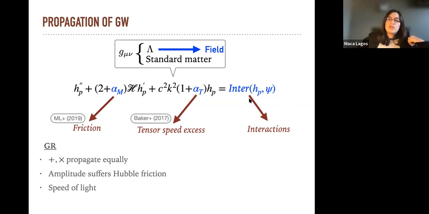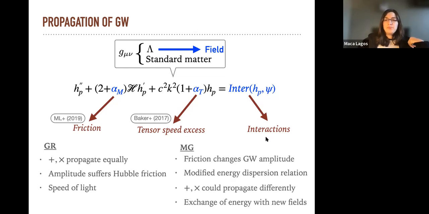So I'm going to be focusing on what effect interactions with other tensor fields may have. But before I move on to that, let's summarize what to generically expect when you have what I call a modified gravity, or modified cosmological model. There could be a modified friction that changes the gravitational wave amplitude.